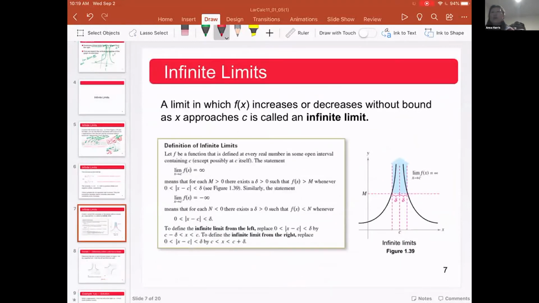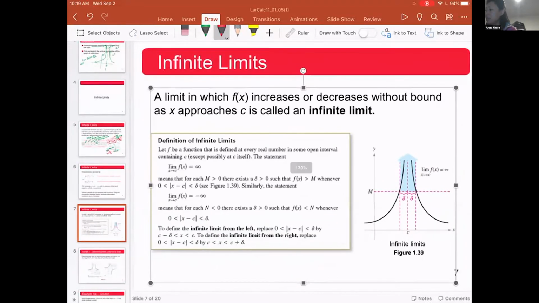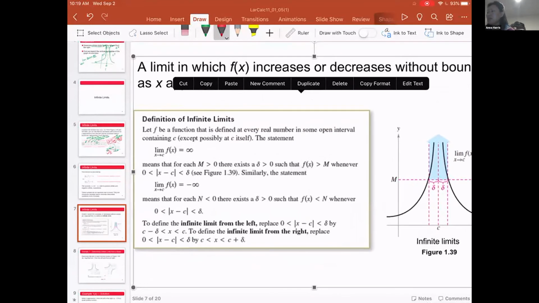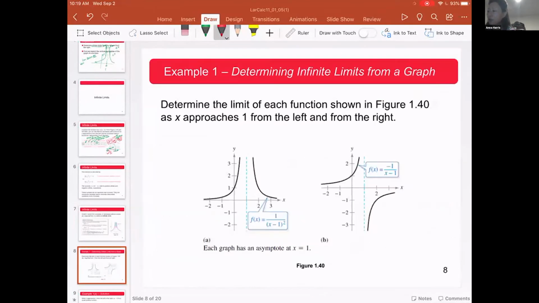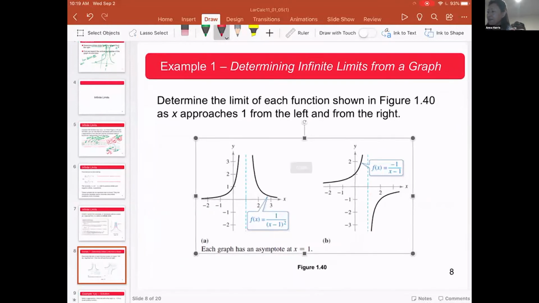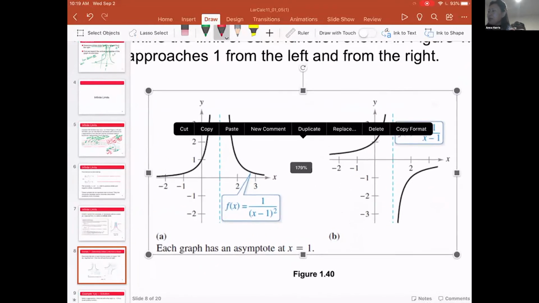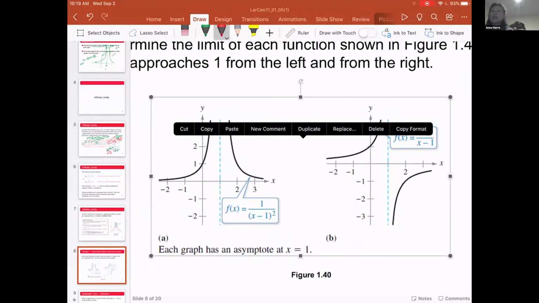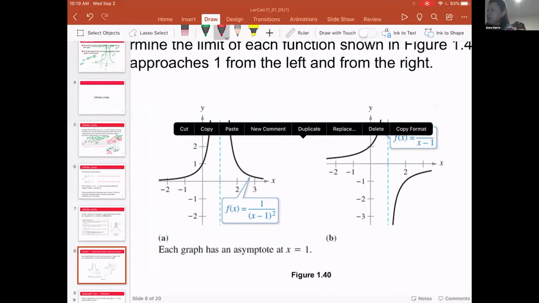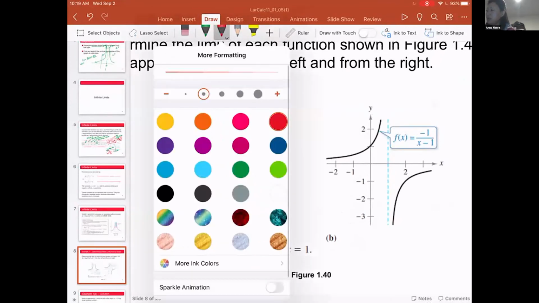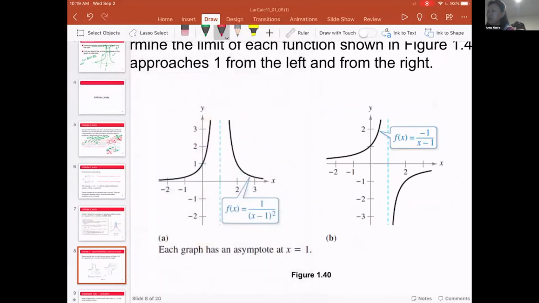Okay, how about this problem? Let's look at this. Okay, looking at this problem, class. All right, let's look at this function.